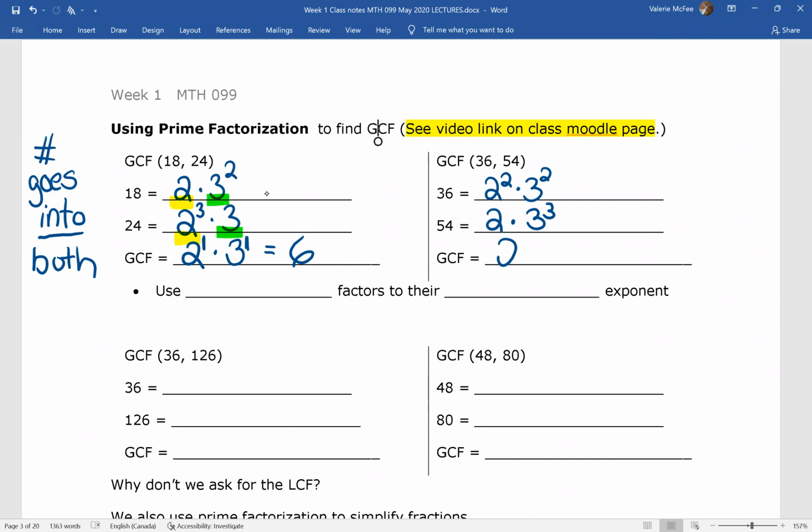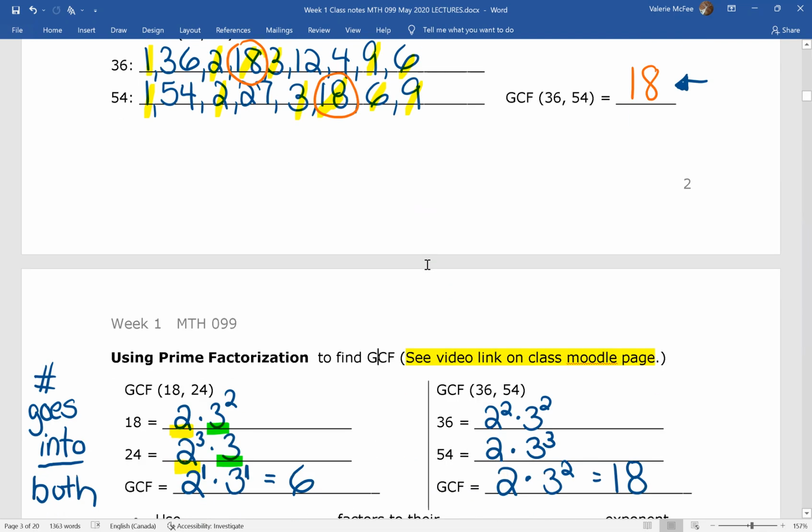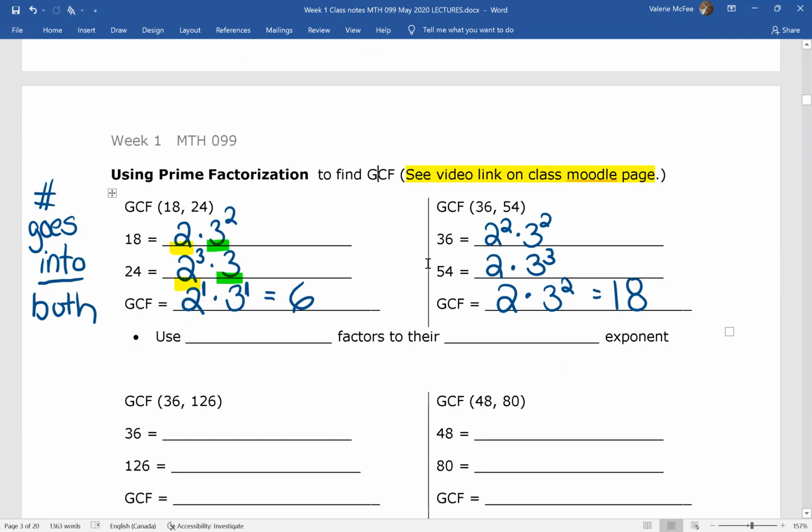They both have 1 2. They both have 2 3s. So 9 times 2 is 18. That's the greatest common factor we found over here. So what's the rule? We want to use the prime factors that they have in common to their lowest exponent.